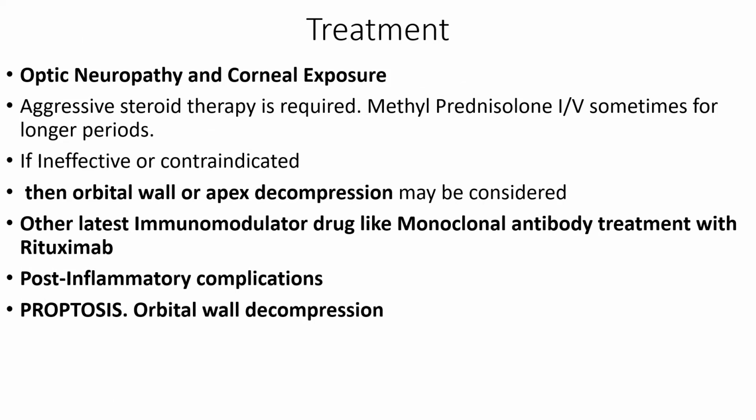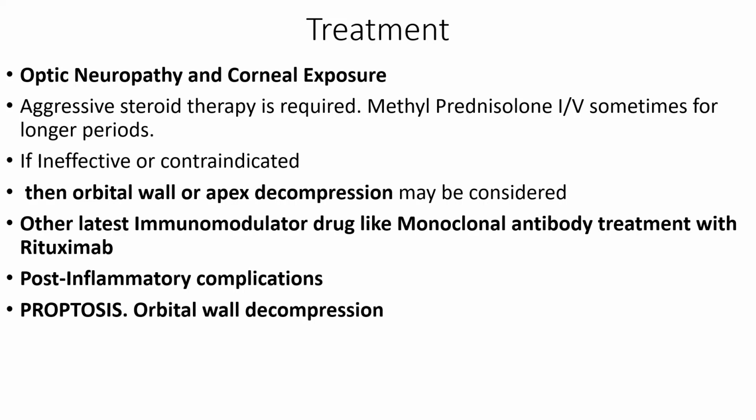If there is optic neuropathy and corneal exposure, the aggressive steroid therapy is required. Methylprednisolone IV sometimes for longer periods. If ineffective or contraindicated, then the orbital wall or apex decompression may be considered. Other latest immunomodulator drugs like monoclonal antibody treatment with rituximab can also be given.